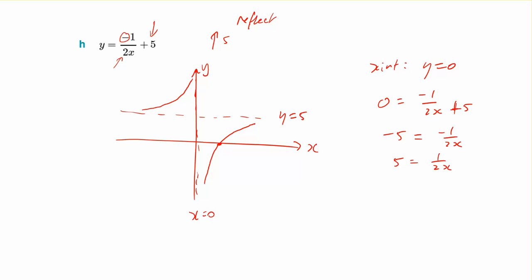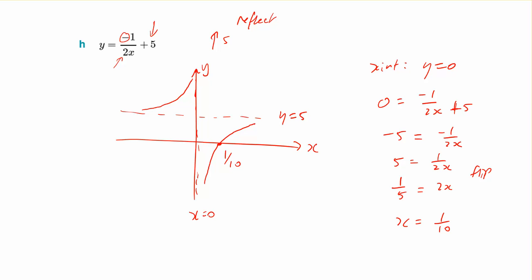I flip, so it becomes 1 on 5 equals 2x over 1, which is just 2x. And I divide both sides by 2. Essentially multiplying the 5 by 2, so I go 1 on 10.